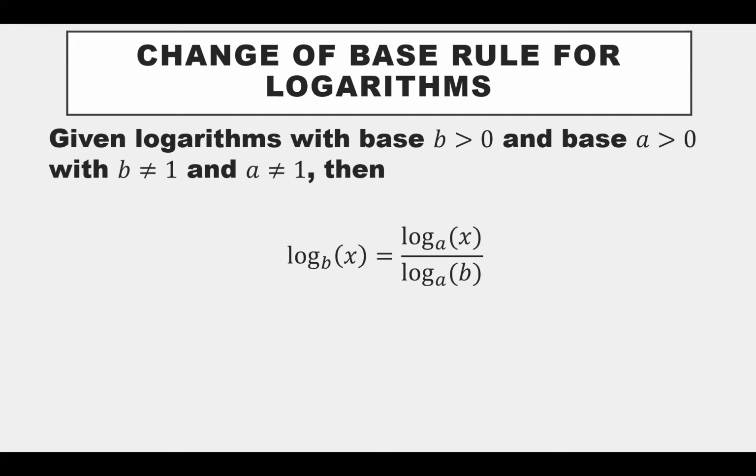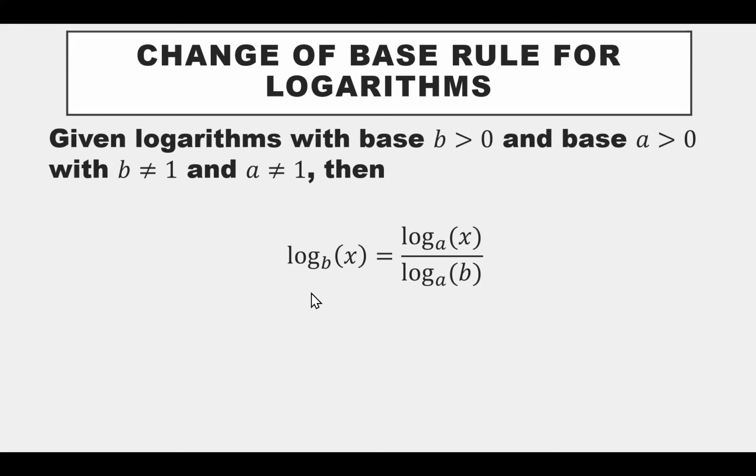But if both of our bases are positive and not equal to 1, then log base b of x is going to be the same thing as log base a of x divided by log base a of b for any positive real number x.